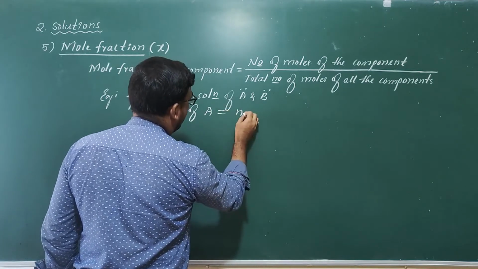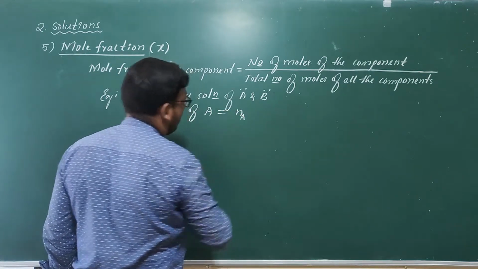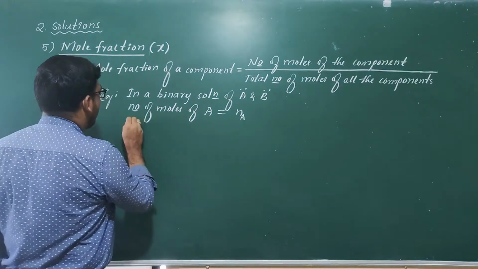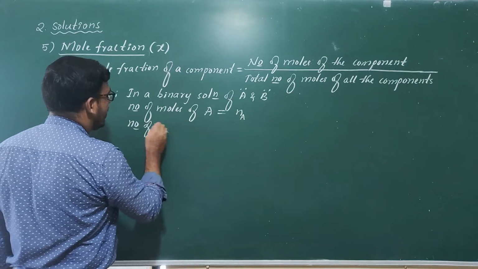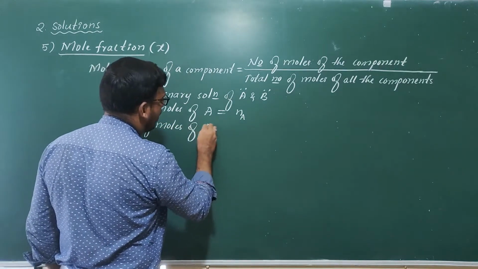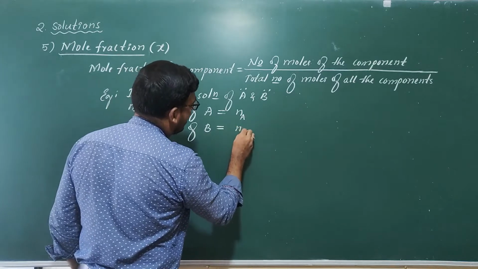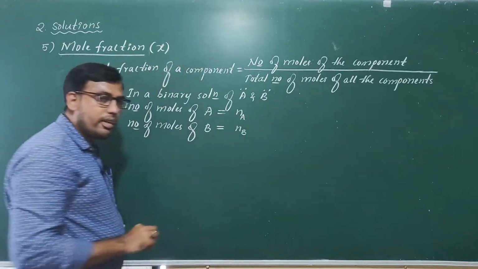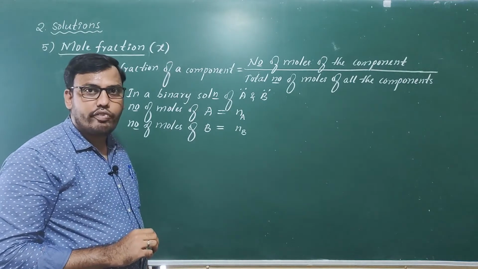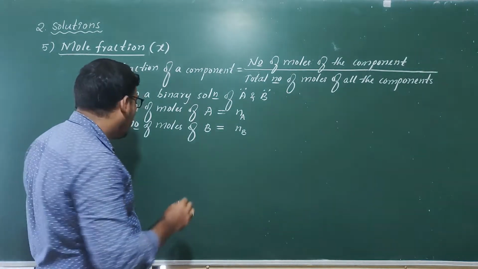So I will write subscript A. So it is number of moles of A. Similarly, number of moles of component B is equal to Nb.